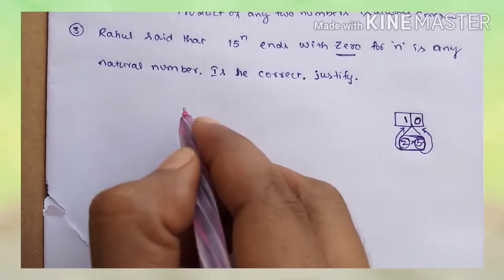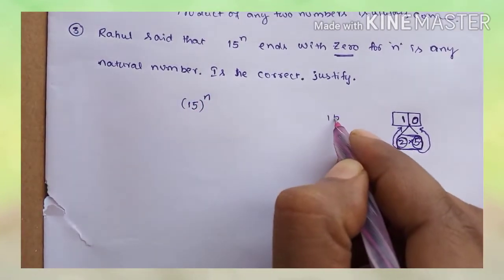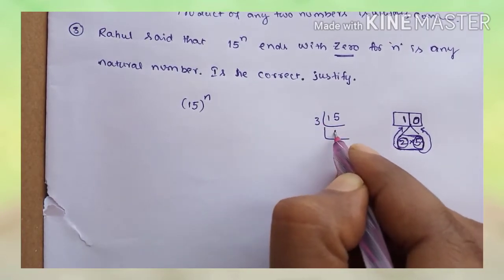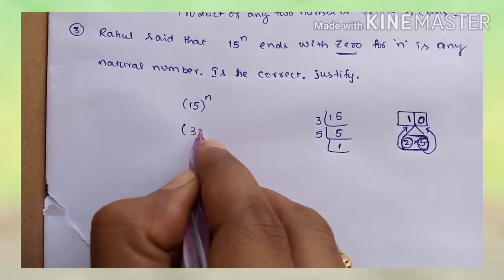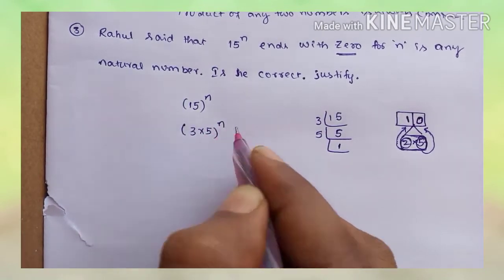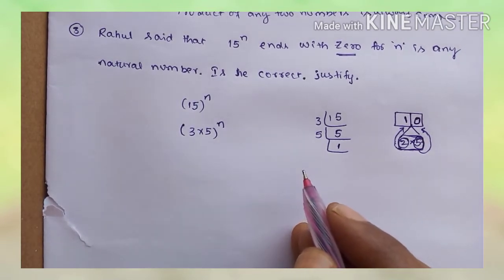So you have to check the factors of 15 to the power n. 15 you can write as 3 into 5, whole to the power n, right? Is there a possibility of getting 0 or not?